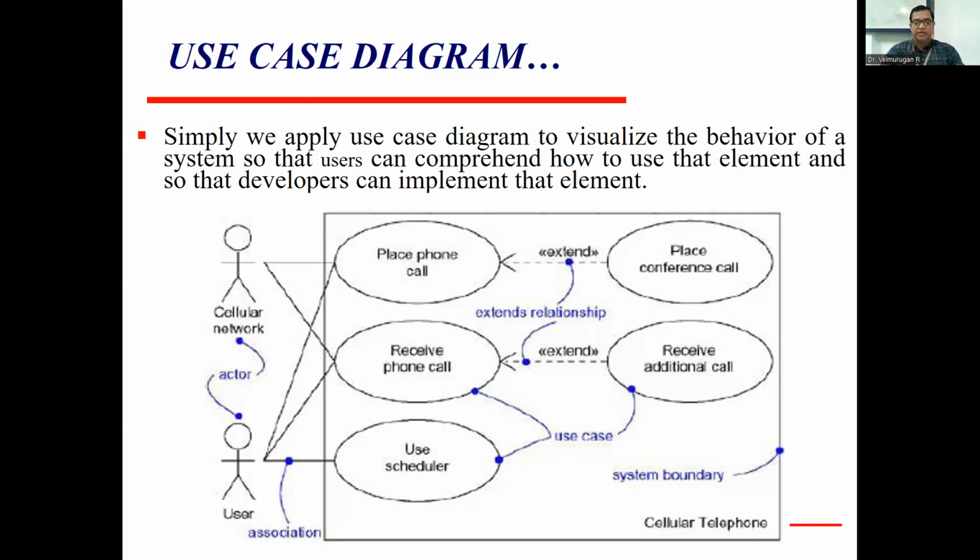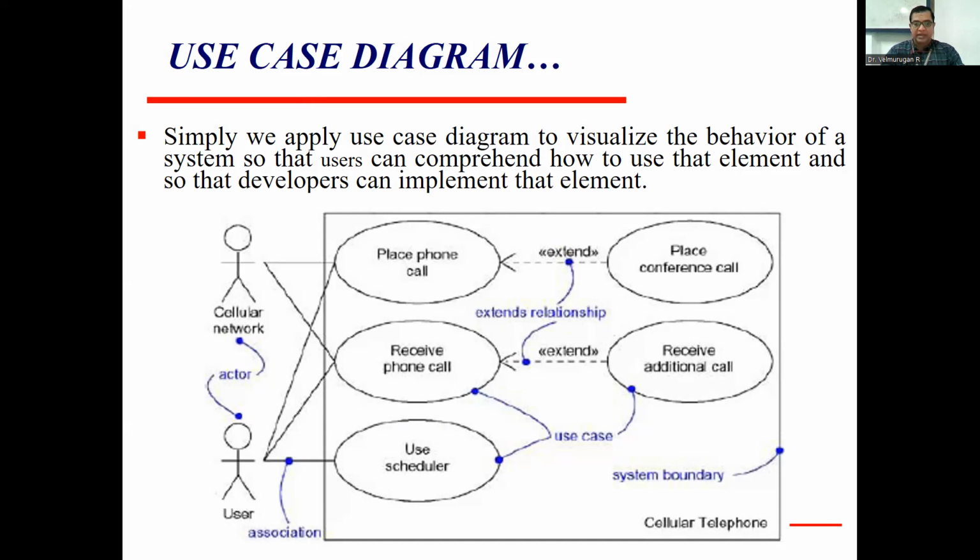Even a small example is given over here. There is place phone call, place conference call, receive phone call, receive additional call, and use scheduler. As you can see here, place phone call. If anybody is going to make a conference call, that is going to be the first one. They should be able to place a phone call to a user.